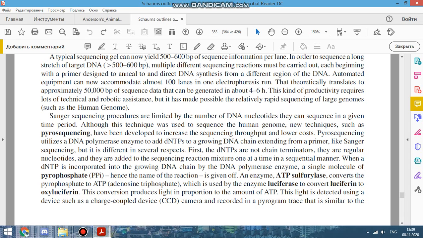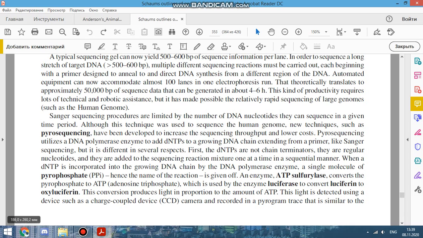Yeah, something like this. And this pyrophosphate is going to create the ATP. ATP is of course created by adenosine monophosphate plus the pyrophosphate, and it equals 1 molecule of ATP. All of this is done by the enzyme ATP sulfurylase.